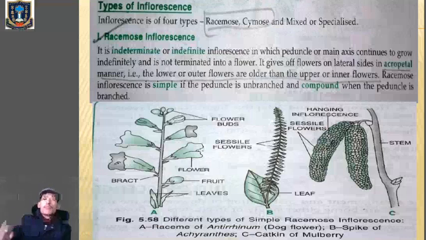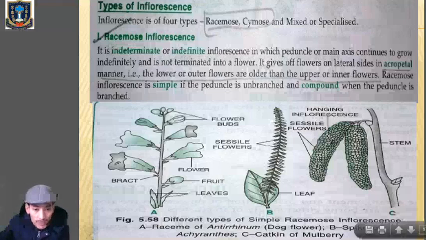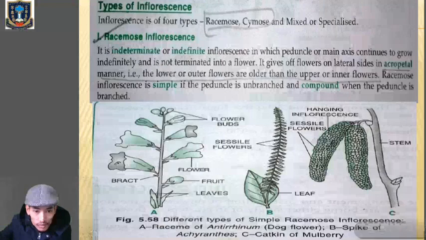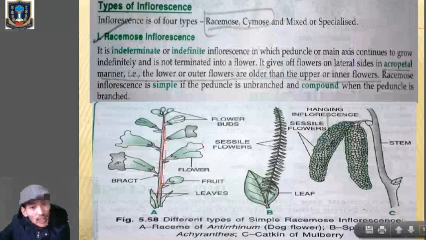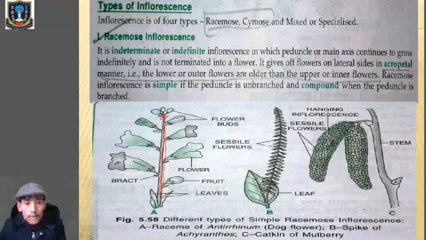So what do you mean by racemose inflorescence? It is an indeterminate or indefinite inflorescence in which the pedicel, you can see over here, or the main axis will continue to grow indefinitely, and the growing part of the pedicel or the main stalk will not end in a flower.